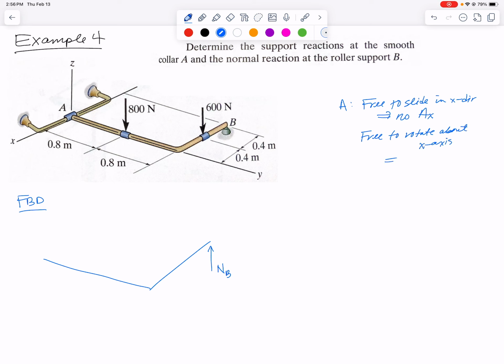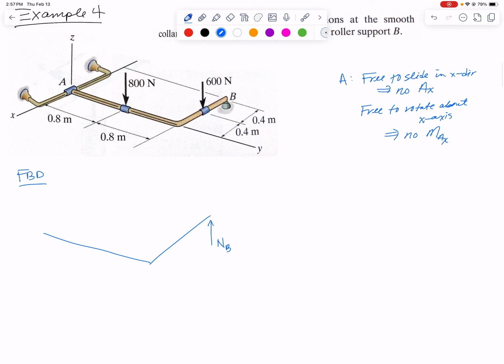So what that means is there will be no reaction moment about the X axis at point A. But that collar is going to prevent translation up and down, translation in the Y direction, as well as prevent it from spinning about the Y-axis and rotating about the Z-axis. So at A, we'll have the other four reactions.